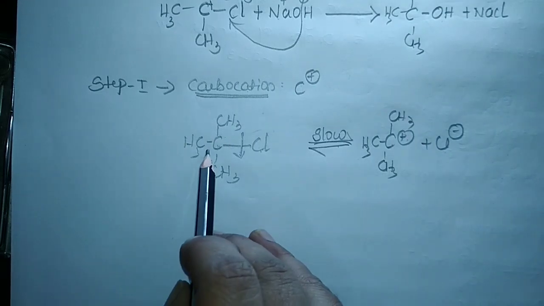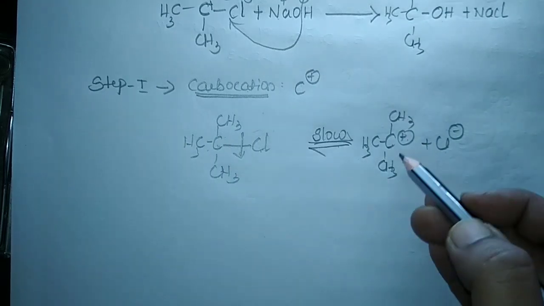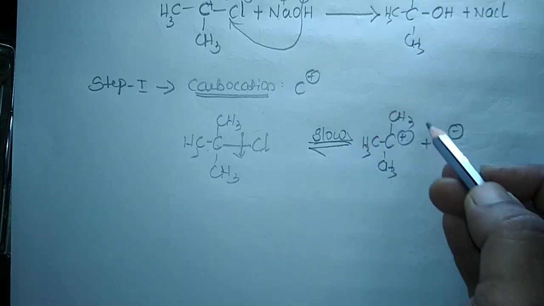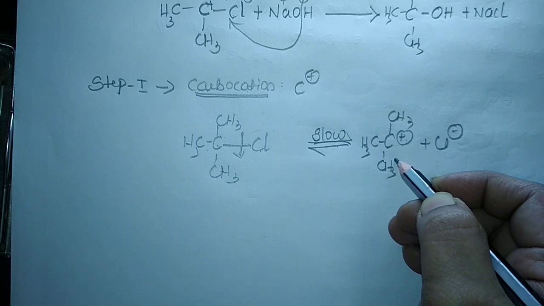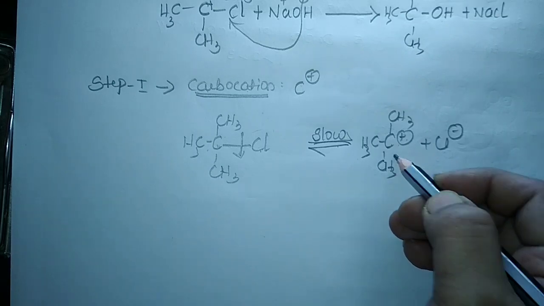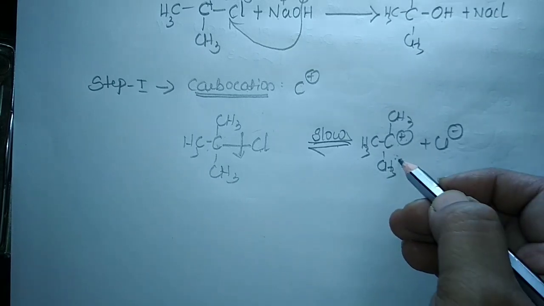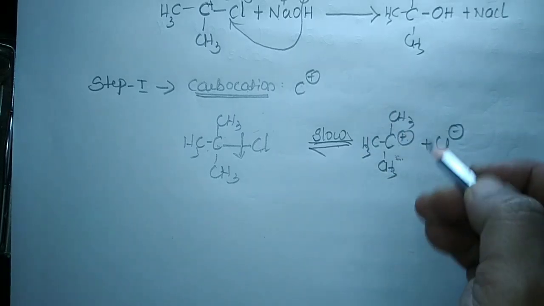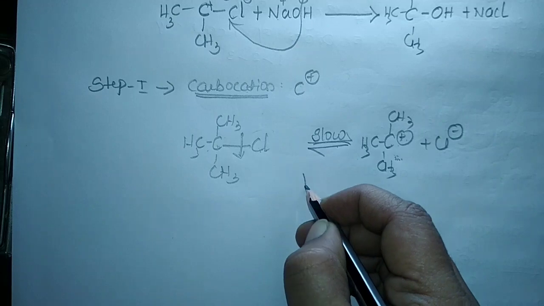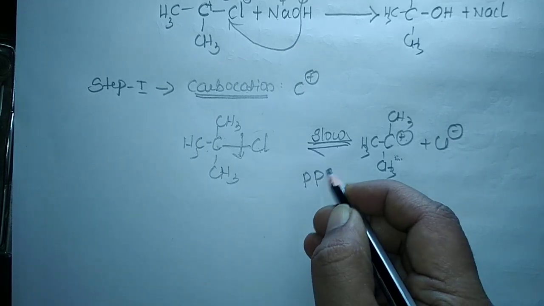Since it is from the tertiary butyl chloride, we are going to call it a tertiary carbocation, okay. So this tertiary carbocation is highly stable in nature. Its stability is increased in the presence of a polar protic solvent.